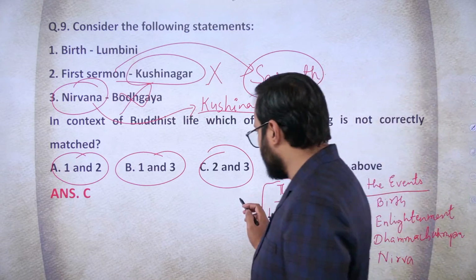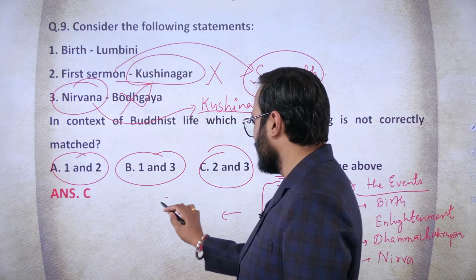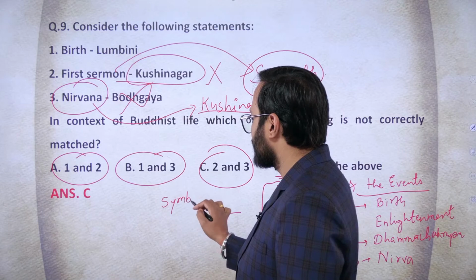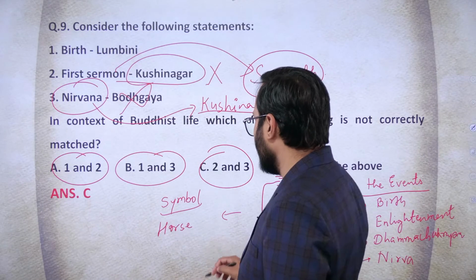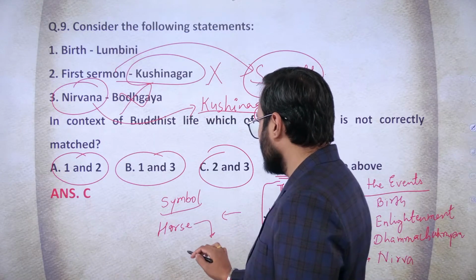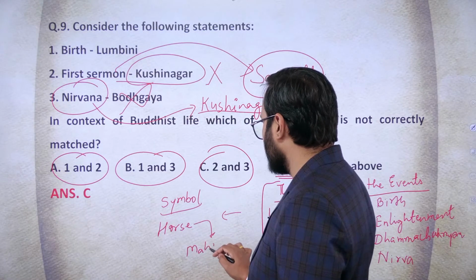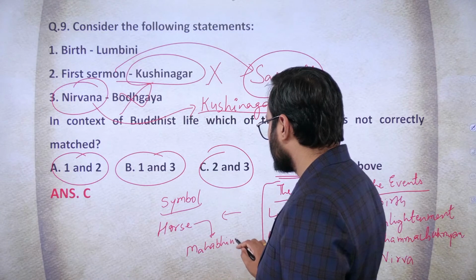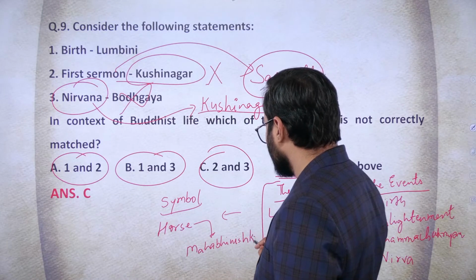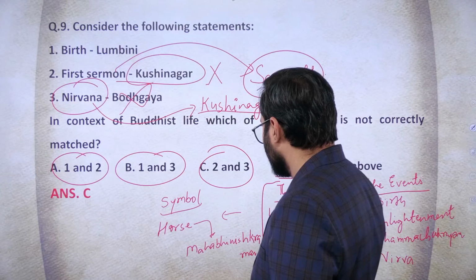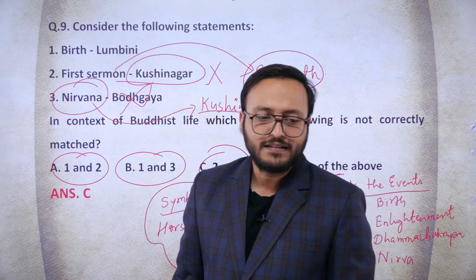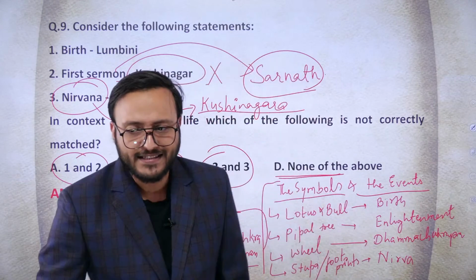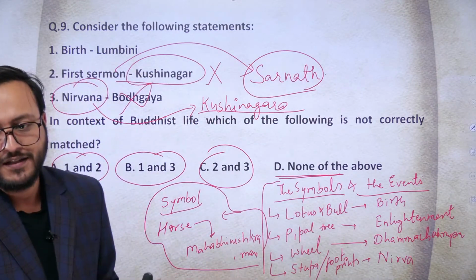One event is left here, that is the symbol horse, and the event is Mahabhinishkraman. All right, everybody, these events and symbols are very, very important.